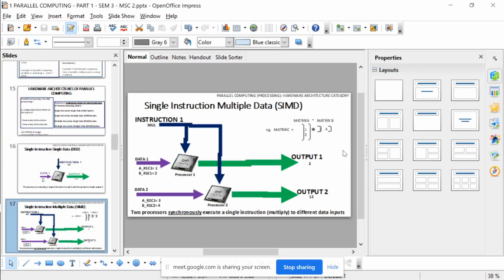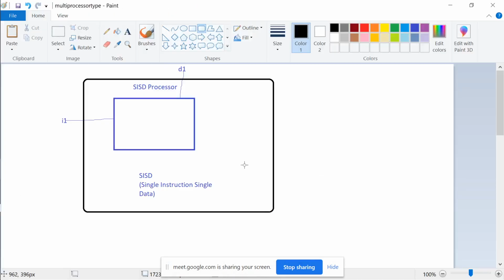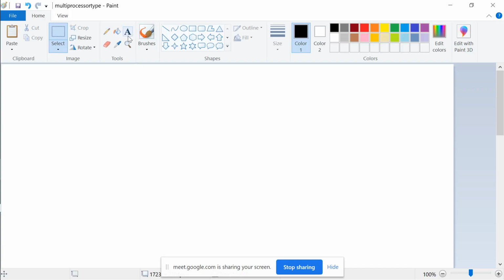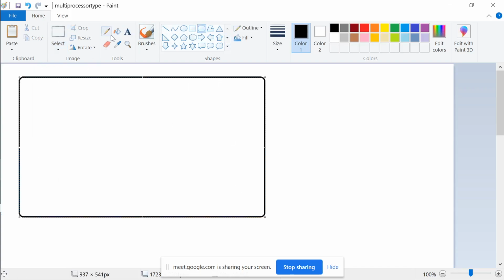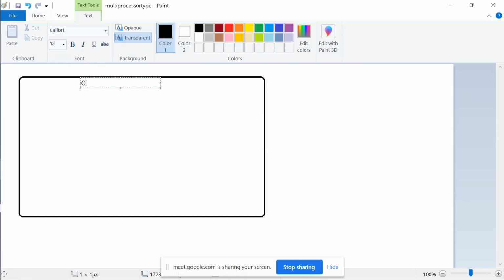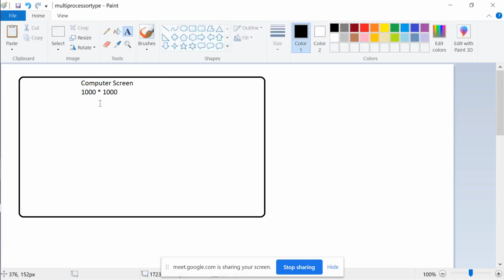So where is SIMD used? Let's say you have a screen, right? This is your computer screen, and you want to show an image. Your computer screen is nothing but a set of pixels.